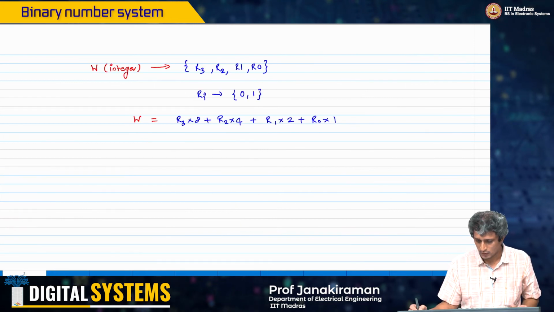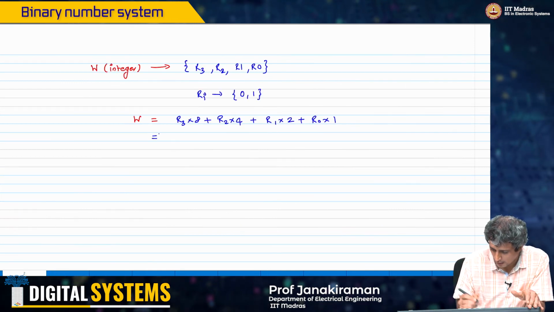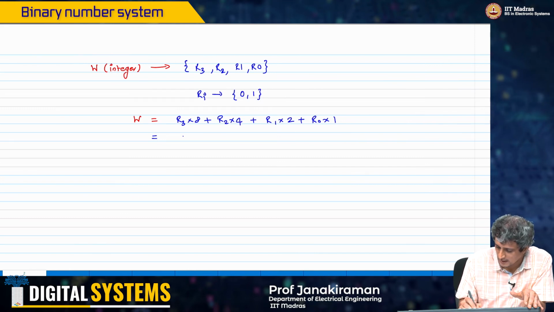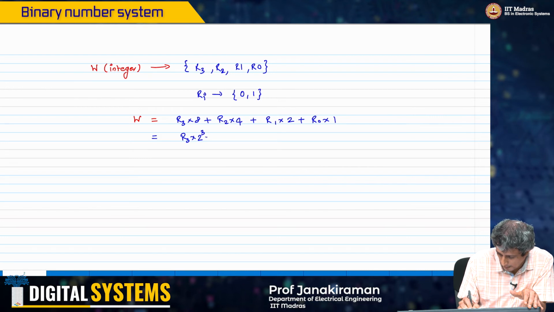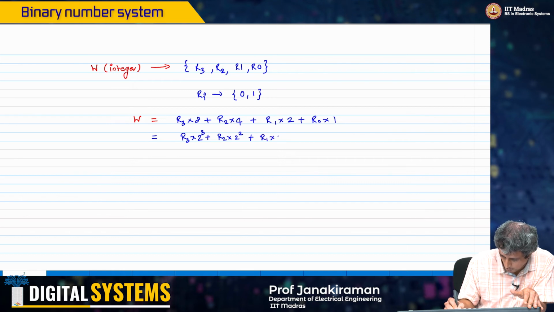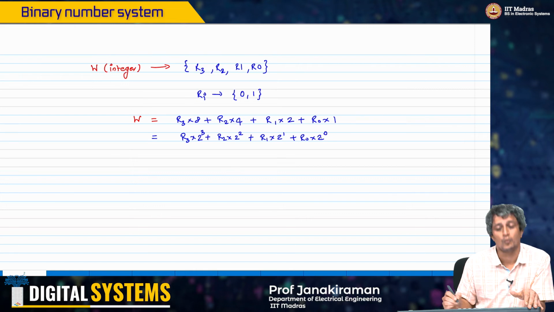So we can rewrite this as R3 into 2 power 3 plus R2 into 2 power 2 plus R1 into 2 power 1 plus R0 into 2 power 0.